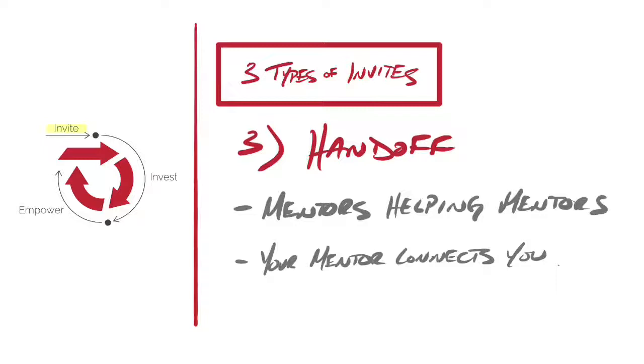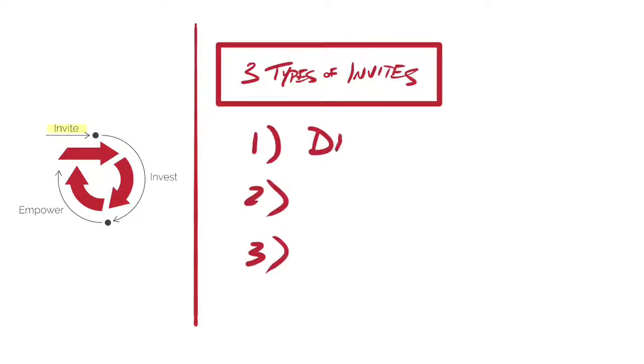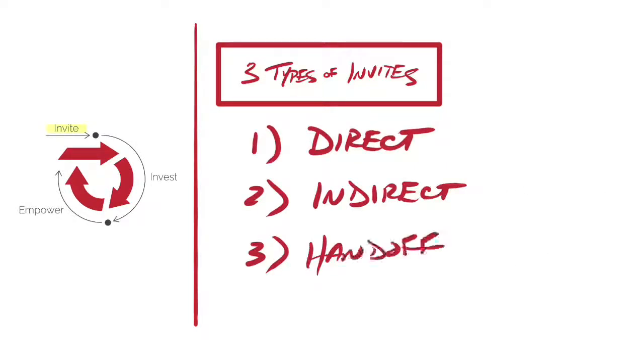So if you don't feel like you're ready to do the direct or even the indirect method, then maybe talk to your mentor or your pastor and say, hey, would you find someone that I can mentor? Probably the easiest way to do it is to let your mentor or pastor connect you to someone who needs the help. So those are the 3 types of invites: the direct, the indirect, and the handoff.